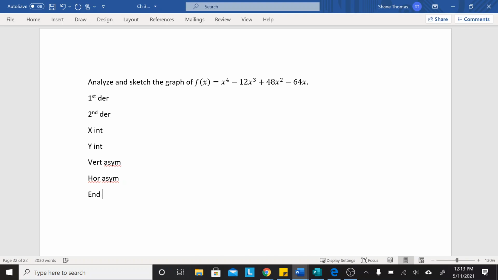I want you to do end behavior, critical numbers, the domain, and an interval chart, just like we did in the last two. All right. So that's what you can start right now. You can have the rest of the period to do that. And if you don't get it done, finish it for homework.